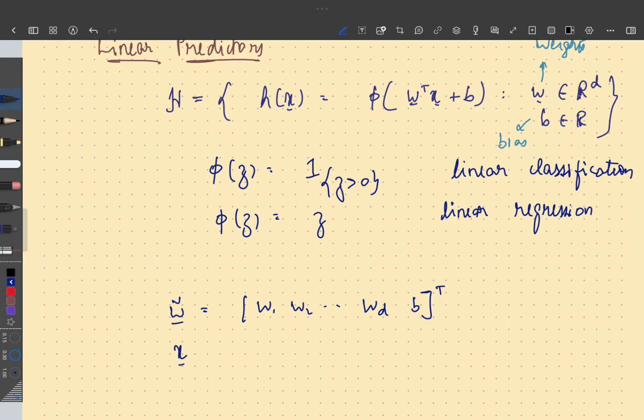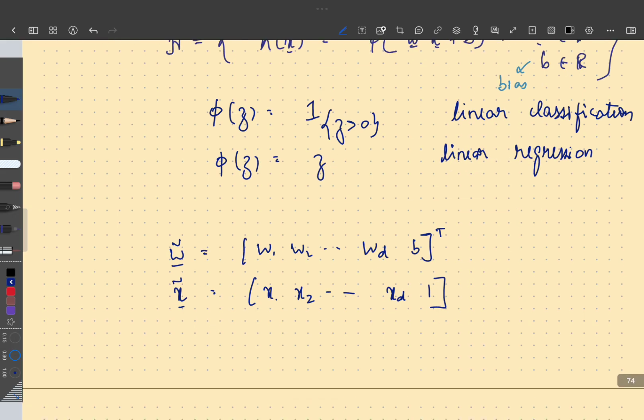And I say x tilde is the vector x1, x2, up to xd, and I append a 1. All right, then you see that w tilde transpose x tilde is the same as w transpose x plus b.